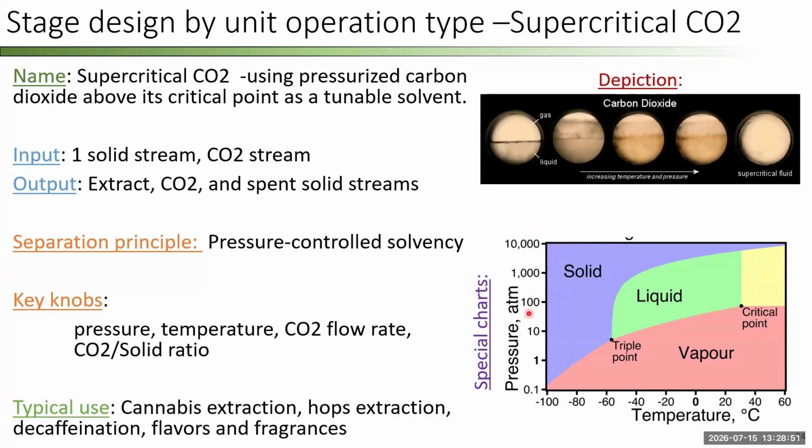Because the pressures are very high, that involves a lot of safety issues. Poor or unmaintained equipment is liable to explode due to the very high pressures in the vessels associated with the pressurization, the transportation of the CO2, the contacting of the CO2 with the plant matter, and then, of course, the separation of the plant matter from the CO2.